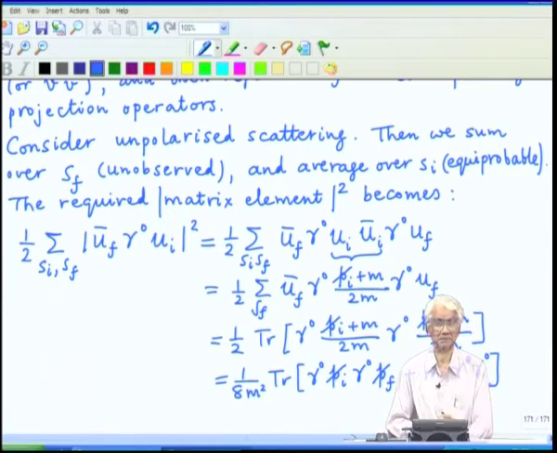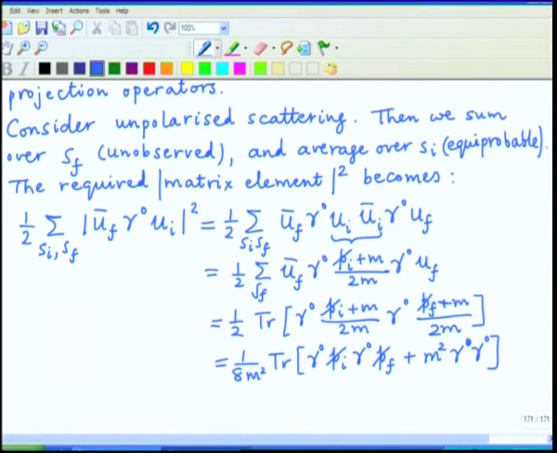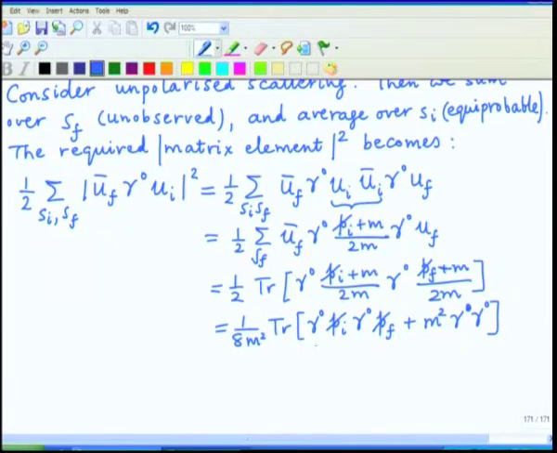And that is it. So, this is the first step, and now we can use the recursion relation to reduce the trace of 4 gamma matrices to terms which have trace of 2 gamma matrices. Well, that is also kind of straightforward.